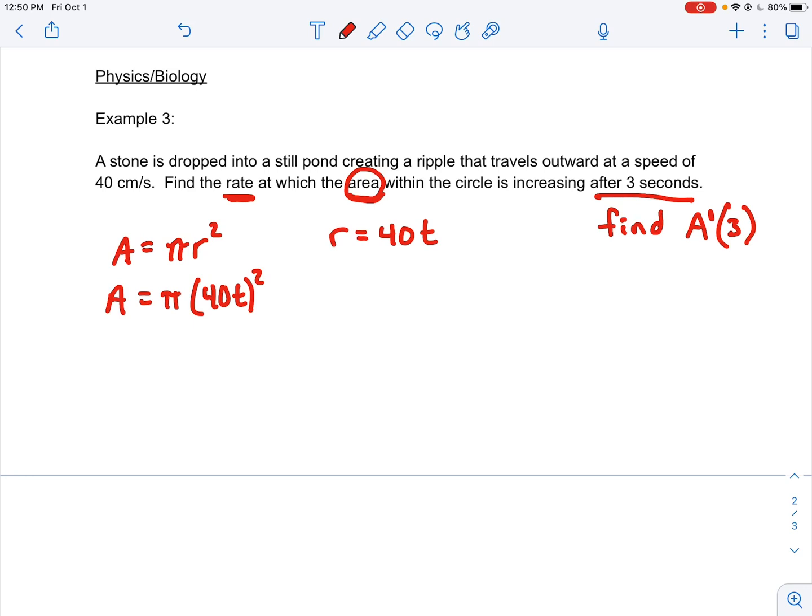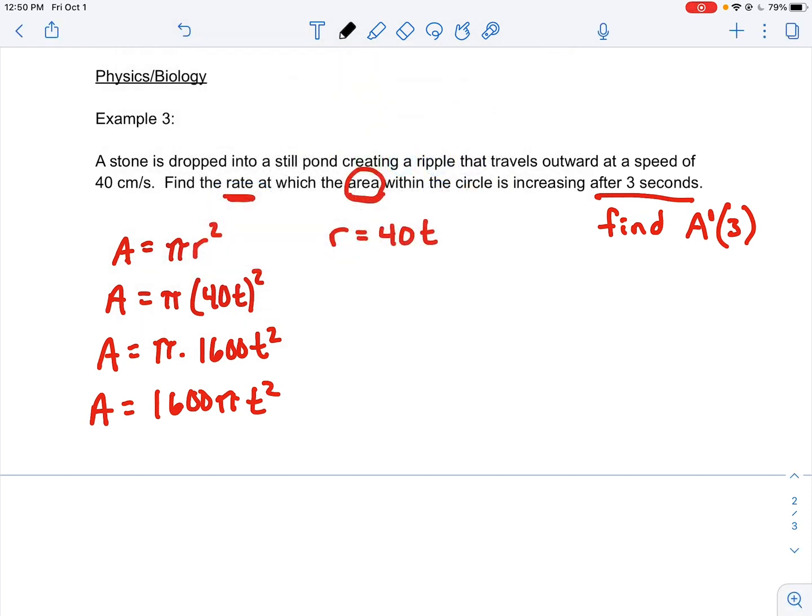So at this point, now we can take the derivative. Okay? Well, before we take the derivative, let's simplify this a little bit. So, 40 squared is 1600, and t squared is t squared. So this is really 1600 pi times t squared.